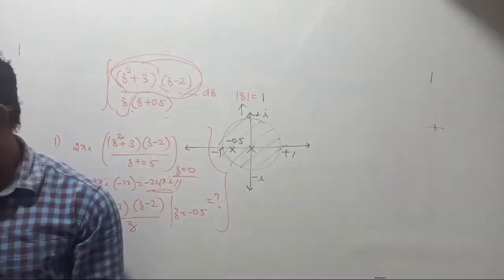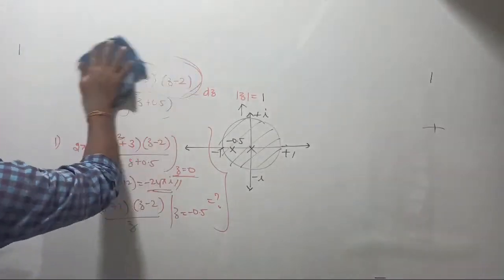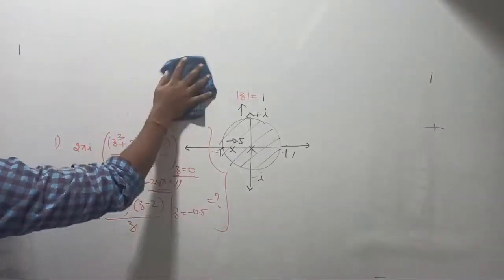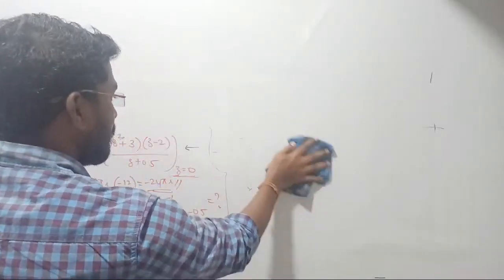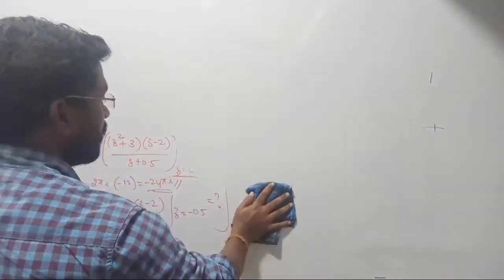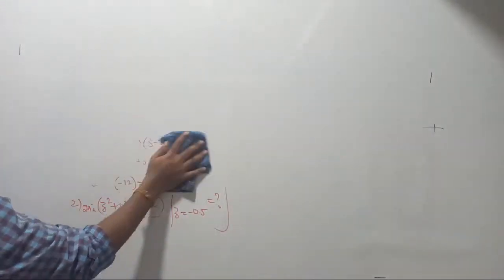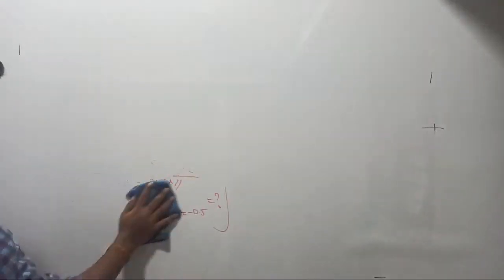Now sometimes you'll be tested with some worthless questions. A big derivation will be given to you, but the answer will be 0. If you notice it clearly, you will come to know it. Let me rub these things first.